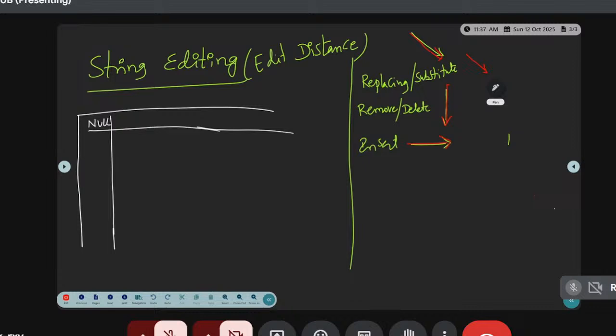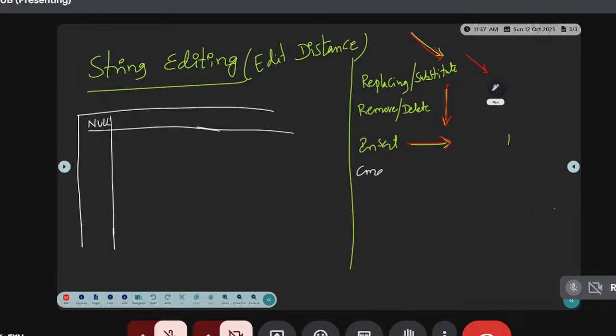That is one point. And one more output it gives: what are those operations? Let's say string 1 is converting into string 2; after completion of this matrix representation, it will conclude that three operations are required. And again we are in a dilemma about what those three operations are. We can also trace out from the matrix what the three operations are. Right? But to fill this matrix, there are two conditions.